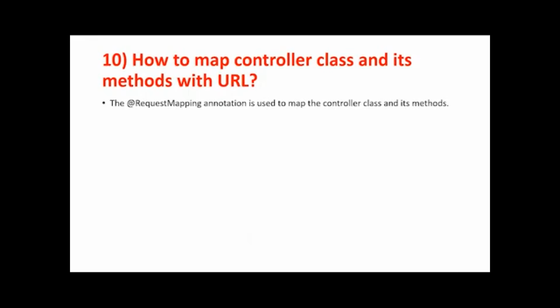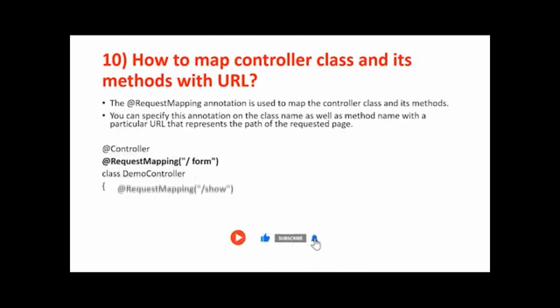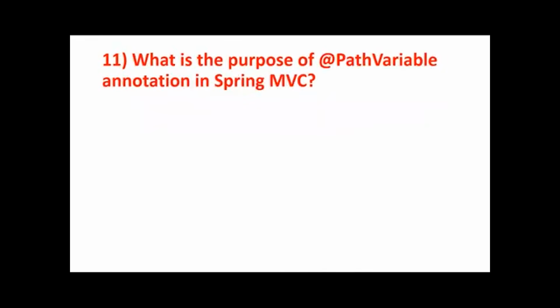But here, I want to map the URL at controller and method level, so we can use @RequestMapping. We have to specify the URL and the method types, all the details. You can see some examples: @RequestMapping at class level, @RequestMapping at method level. So what is the purpose of the @PathVariable annotation in Spring MVC?